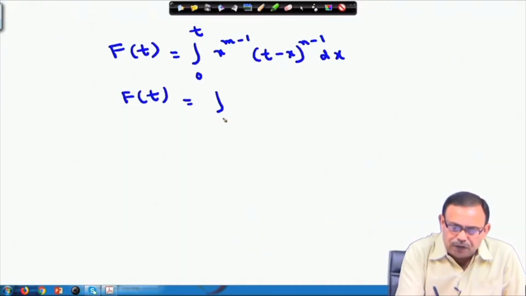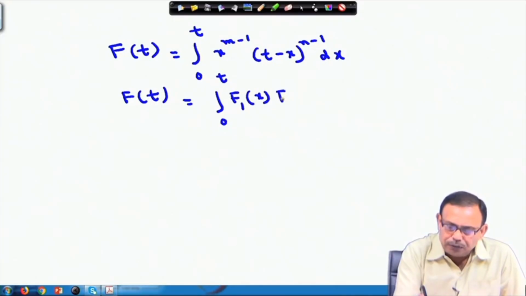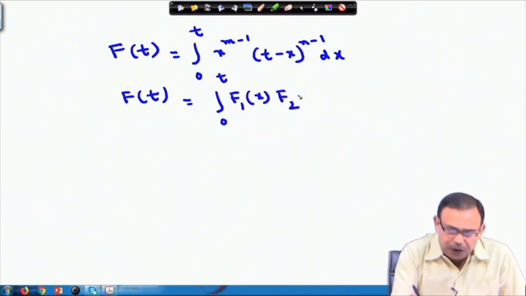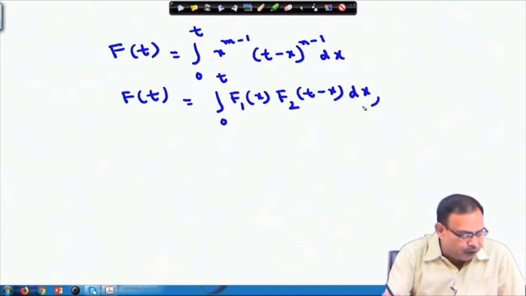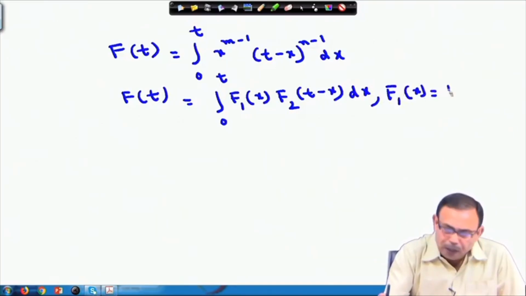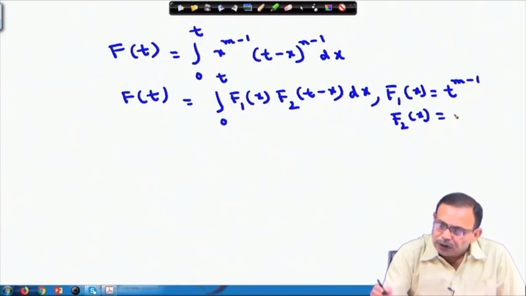So your f t you can write in the form of the integral from 0 to t of f 1 x into f 2 t minus x dx, where we can say that f 1 x equals x to the power m minus 1 and f 2 is t to the power n minus 1.